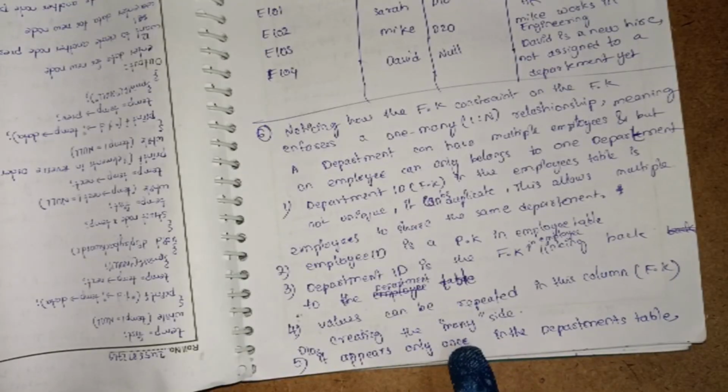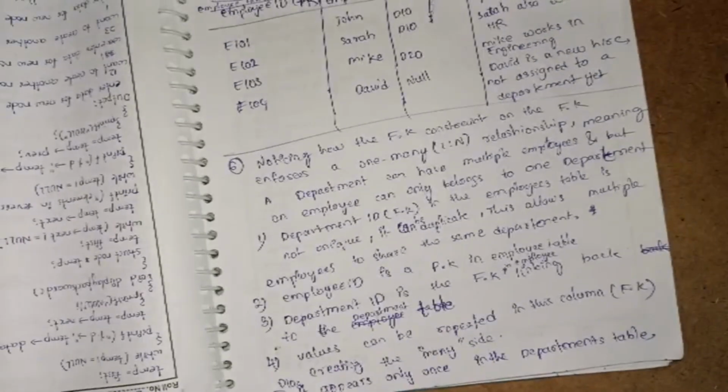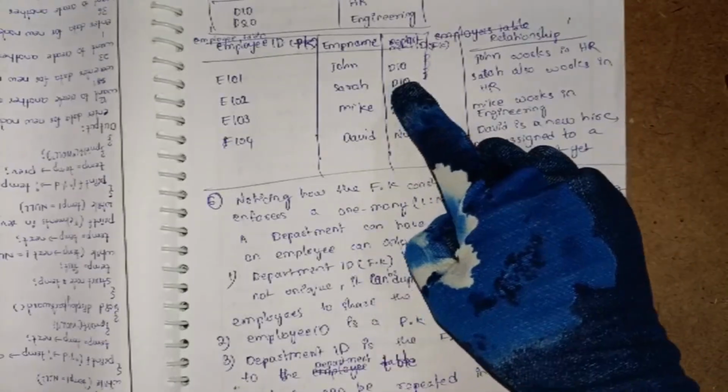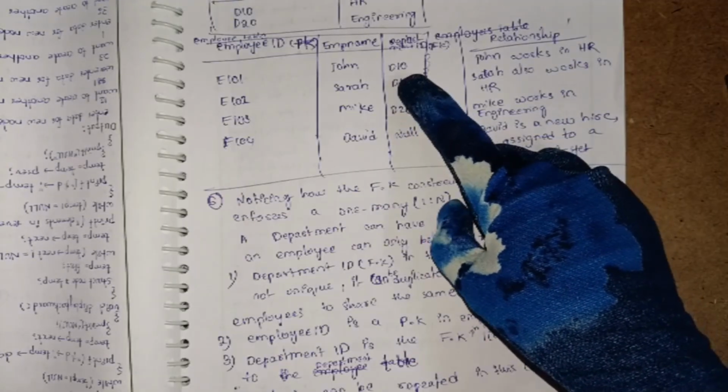Then D10 appears only once in the department table.